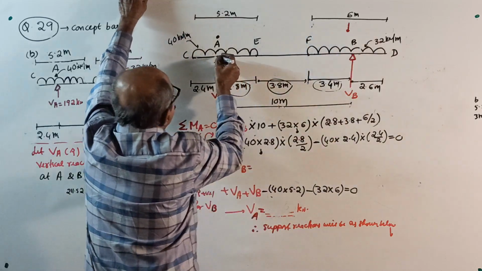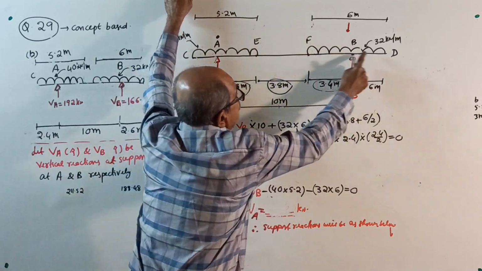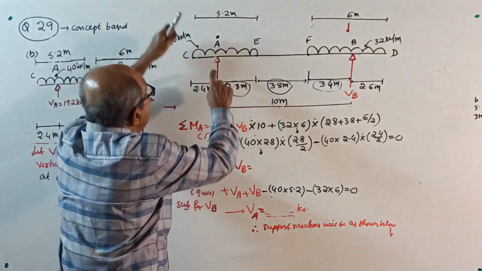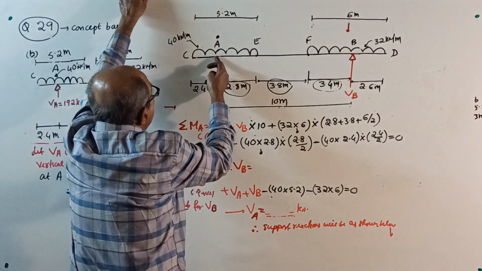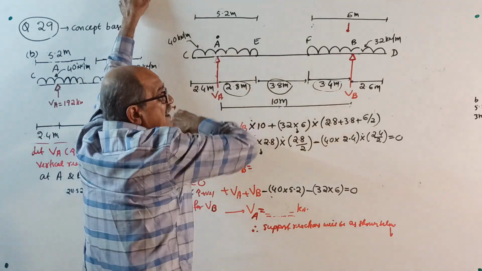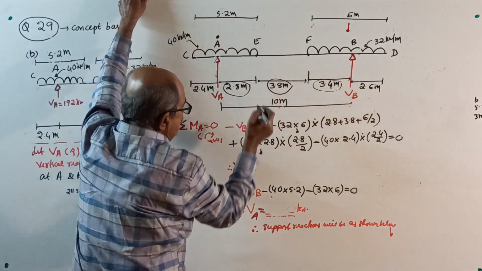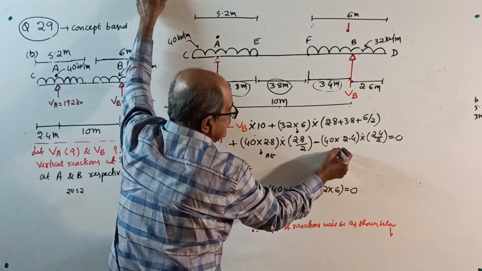And then right here, you write, see, full UDL from F to D, no problem. But here, the A to E UDL, which is on the right side, will create a clockwise moment, and the A to C UDL, which is on the left side, will create an anti-clockwise moment. Therefore, consider the A to E UDL separately and the C to A UDL separately.